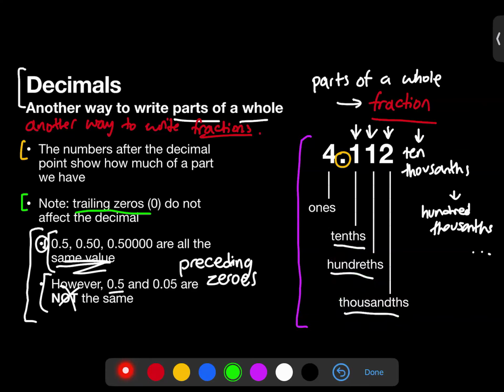So does that make sense for everyone? Does everyone understand how we describe the decimal? So the different names for each value in the decimal.